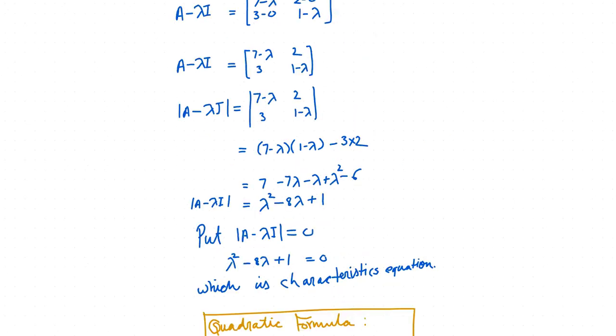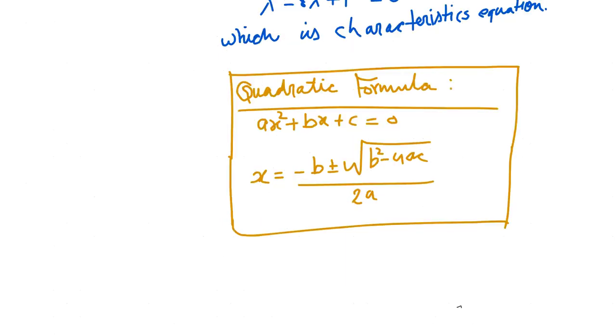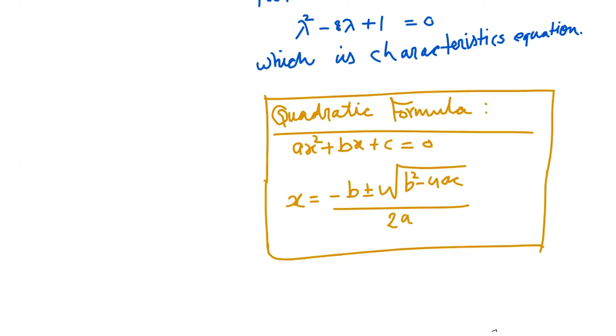So this is the quadratic formula. Let us use it in our characteristic equation to solve it. Let us compare the above equation with this standard form. So we have A as 1, B as -8, and C as 1. So here A is equal to 1, B is equal to -8, and C is equal to 1. Now let us find the value of lambda.